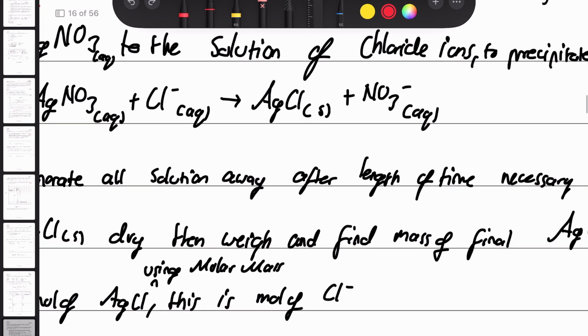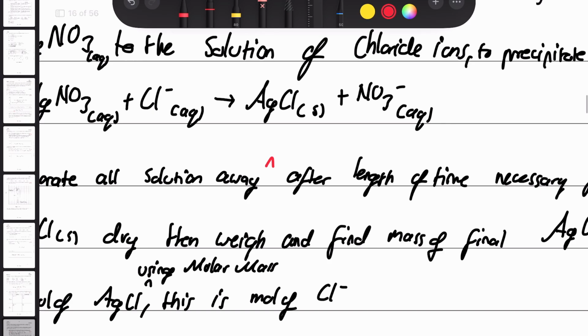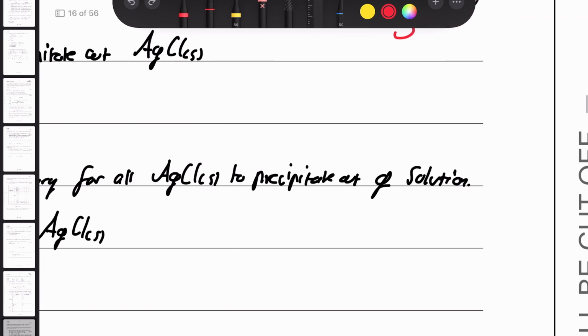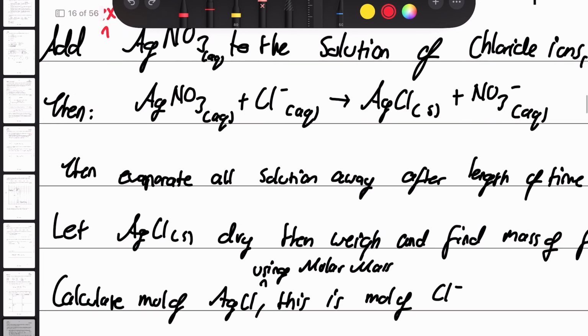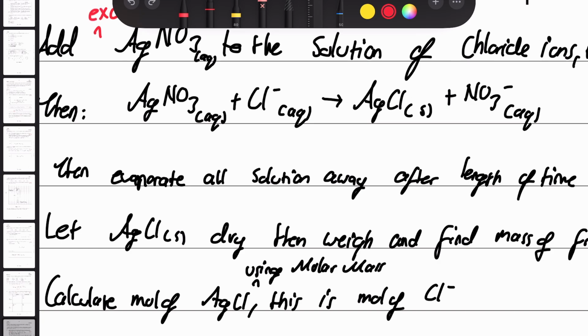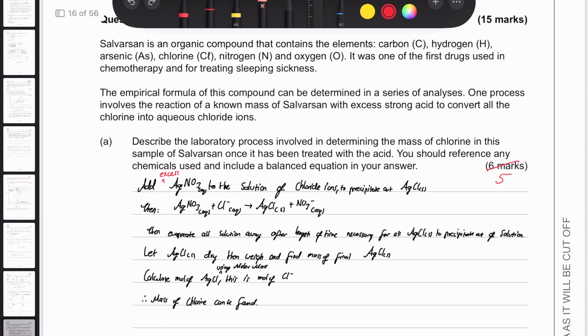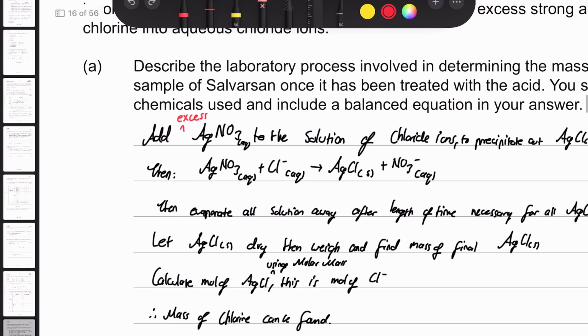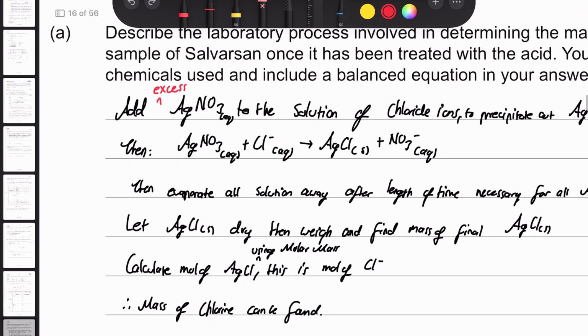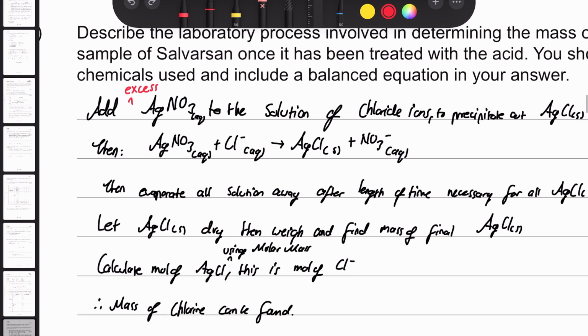Maybe I could have said evaporate and wash. Maybe I shouldn't give myself the mark there. Try precipitate. Evaporate all the solution away, filter and wash.